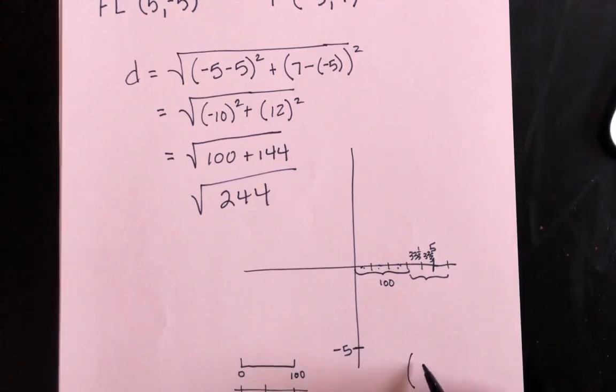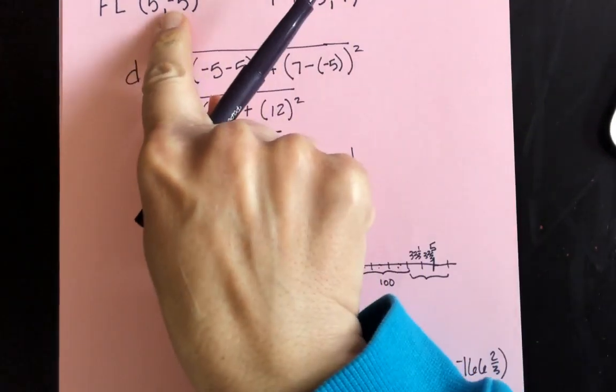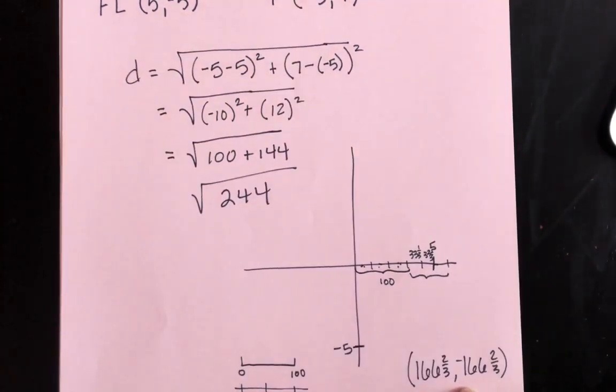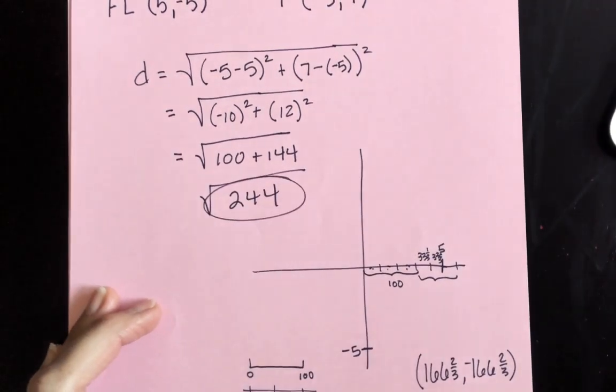This is actually 166 2/3 and 166 2/3. And you could also change that to what the actual mileage would be, where it would be located. You could convert that, the square root.